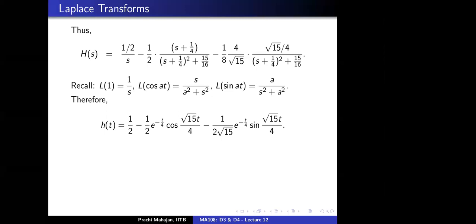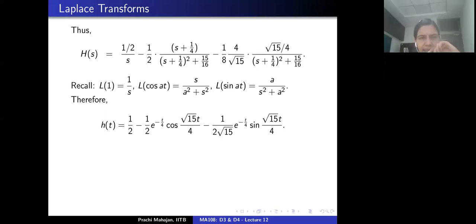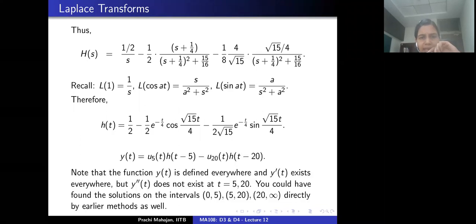Okay, all right. So having written little h, one can write down the precise solution to the given initial value problem. Recall that y is given as u5 times h(t minus 5) minus u20 times h(t minus 20). What I want to highlight here is the following fact.